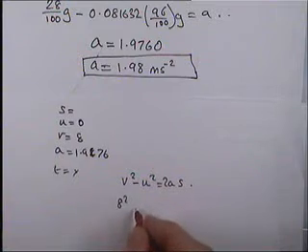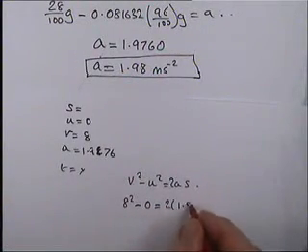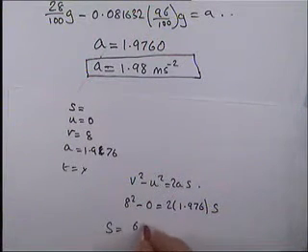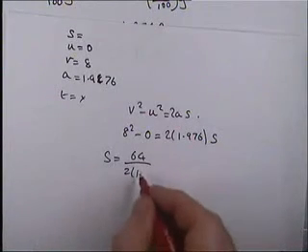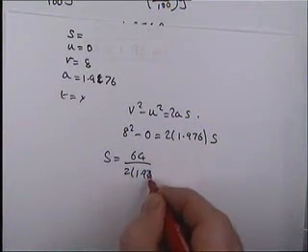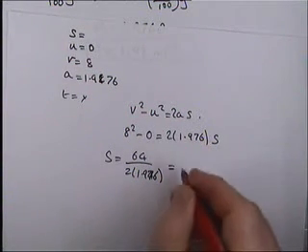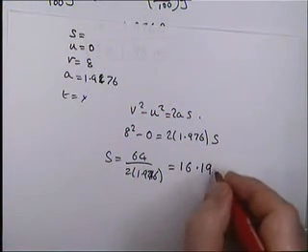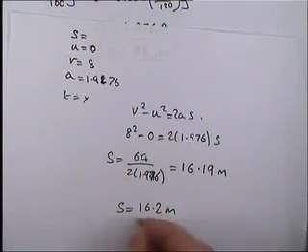So we get 8 squared minus 0 equals 2 lots of 1.976 s, so s is 64 over 2 lots of 1.976, which you can work out again, which is 16.19 meters or 16.2 meters.